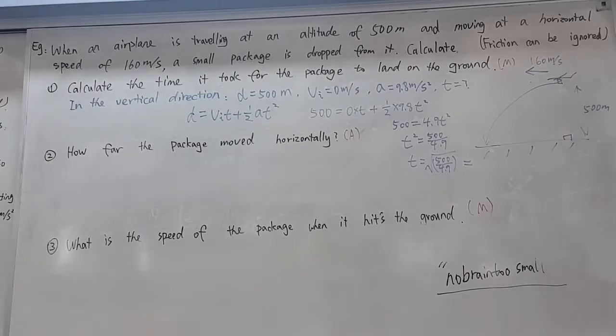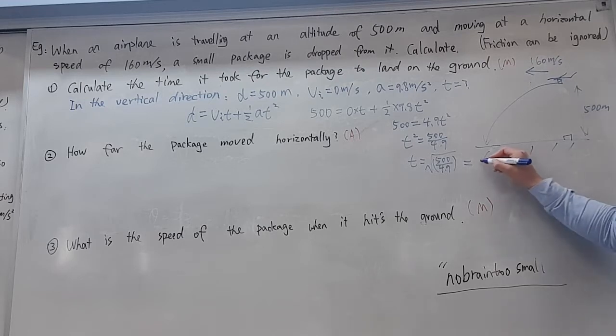Okay, can anyone quickly put this in the calculator and tell me how big the time is? Does anyone have a calculator? Should be around 10, I think. 10.1? Oh yeah, great. So I know now it takes 10.1 seconds for it to land on the ground.